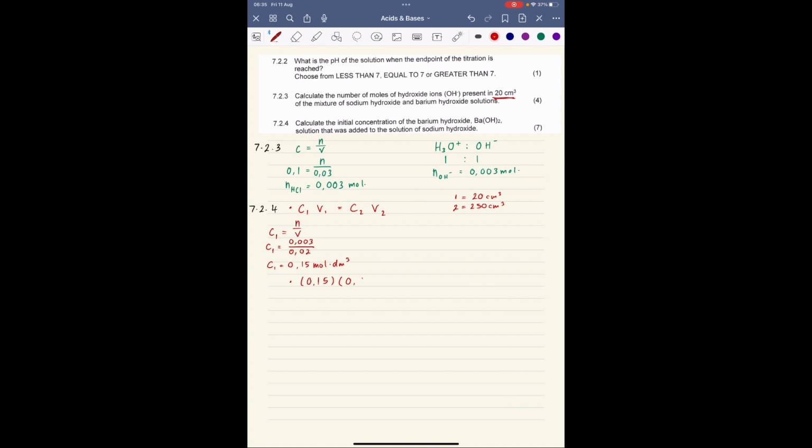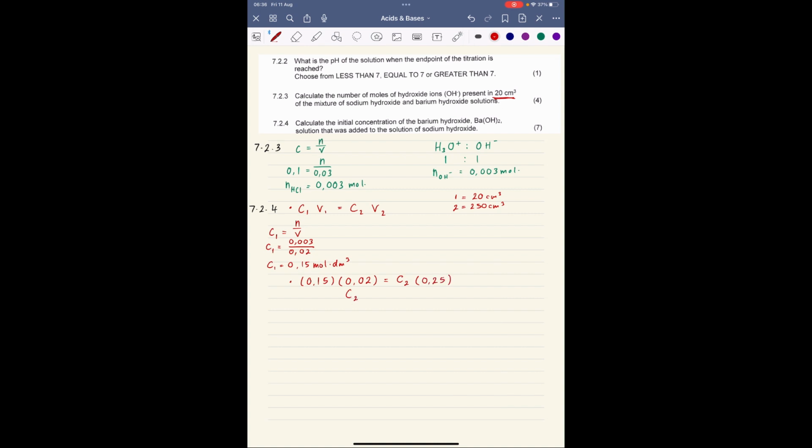My volume is 0.02, that's 20 centimeters. And for C2, I don't know what C2 is. I'm trying to find what was the concentration before I took it out, when it was in the 250 centimeter cube solution. So that's C2, and the volume of C2 is 250 centimeters or 0.25.